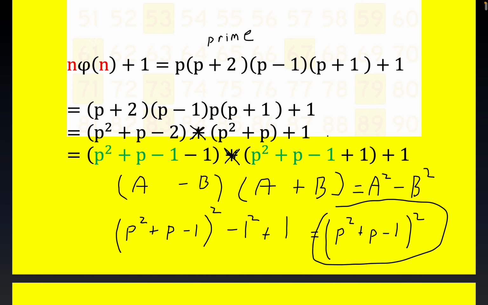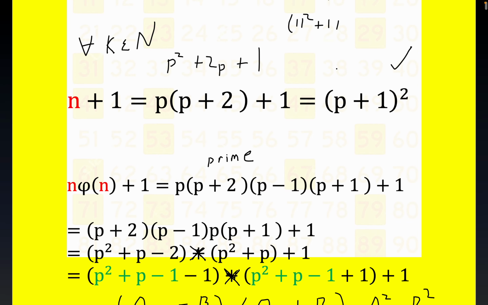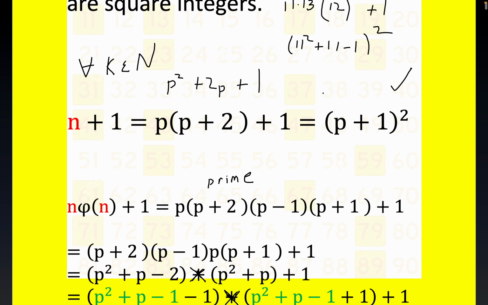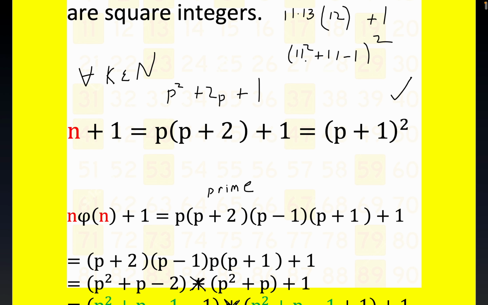Yeah, no, I got it right. 11 squared plus 11 minus 1 quantity squared. Whatever that is, my friends, that's a large number that I'm not going to compute. So 11 squared is 121, plus 11 is 131. So this is equal to 131 squared.